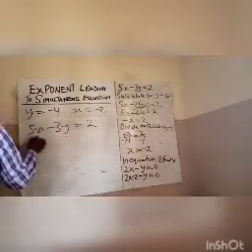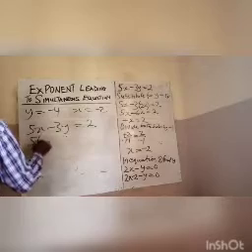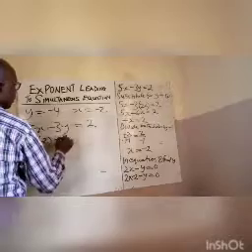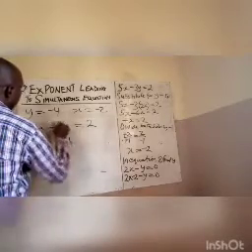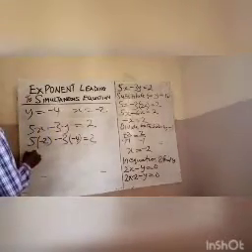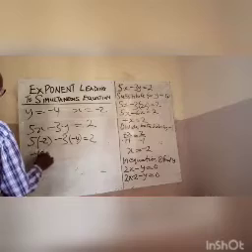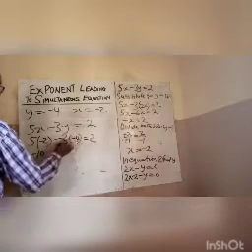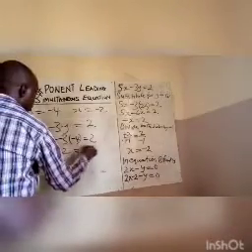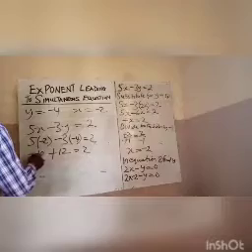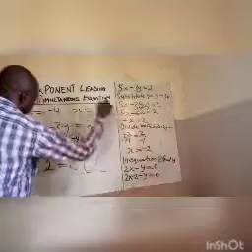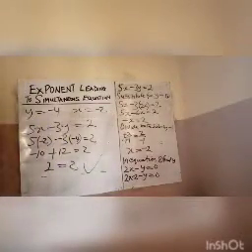Anywhere you see s, you substitute it with minus 2: 5 times minus 2 minus 3 times minus 4 equals 2. This is minus 10 plus 12 equals 2. Minus 10 plus 12 gives 2 equals 2. So the answers are correct.